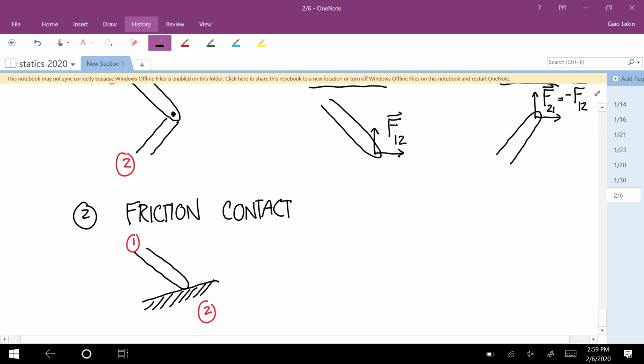So again, a free body diagram of 1 looks like that, and we'll write it as the force on 1 by 2.